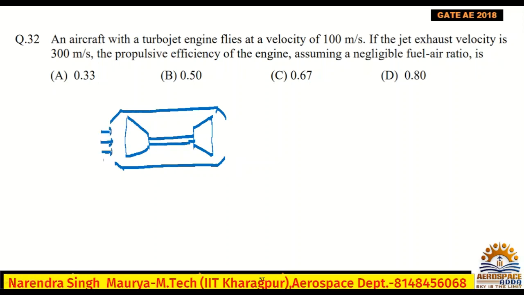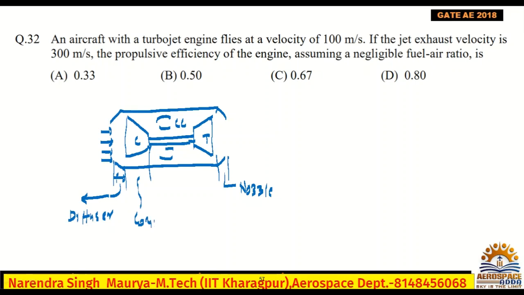We have the flow here: the diffuser, compressor, combustion chamber, turbine, and the nozzle.